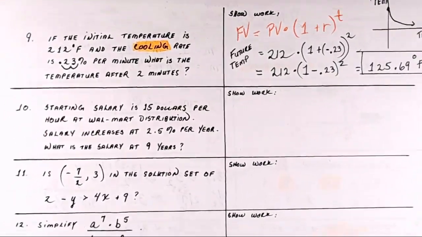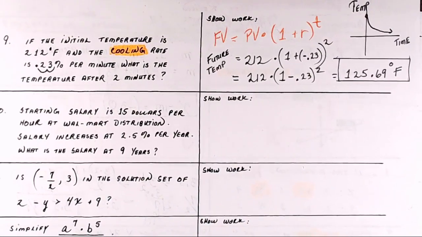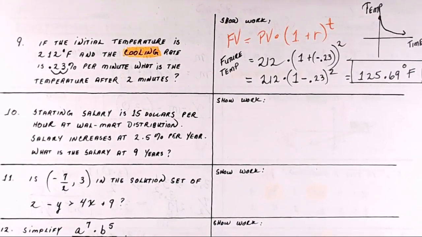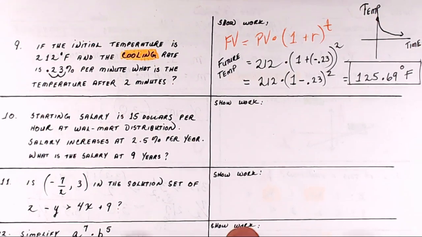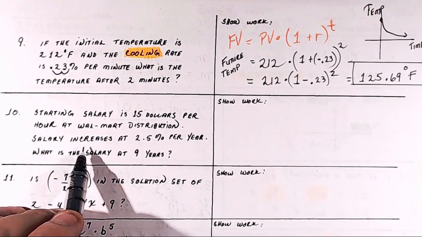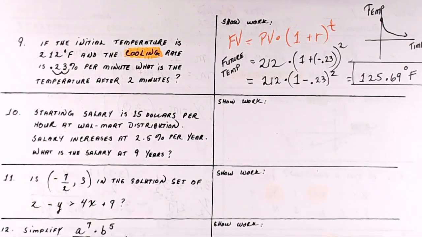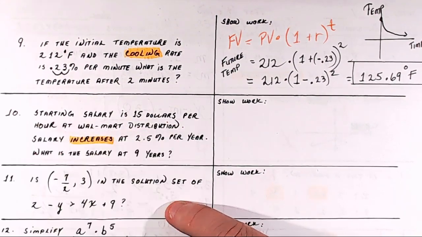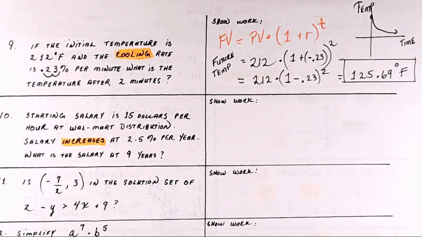There we go. Okay, so it looks like we got another exponential function coming up. The starting salary is $15 per hour at a Walmart distribution center. All right, so with this one, the salary increases. Rather than decreasing or cooling, it's increasing. So this is exponential growth.